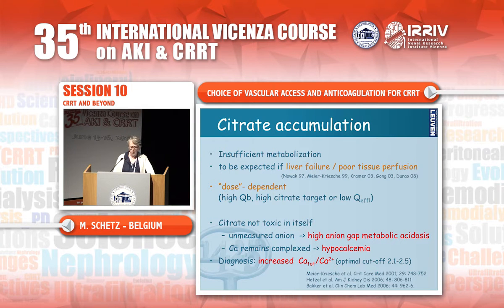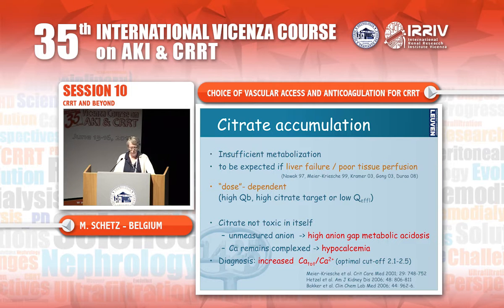Citrate is not toxic in itself, but it is an unmeasured anion and will result in a high anion gap metabolic acidosis. And the most important problem is that when citrate is not metabolized, the calcium will remain complexed, resulting in hypocalcemia.